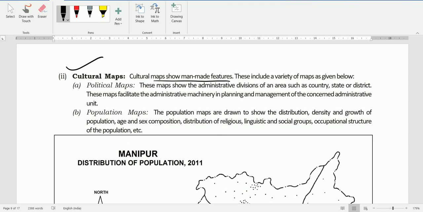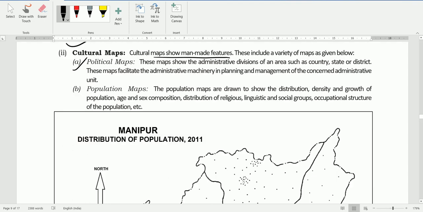We have political maps. These maps show the administrative divisions of an area such as country, state, district. The political map shows boundaries of countries, provinces, states, districts, and subdivisions. This map facilitates the administrative machinery in planning and management of the concerned administrative unit.